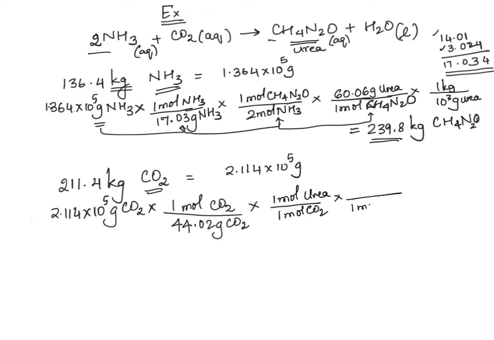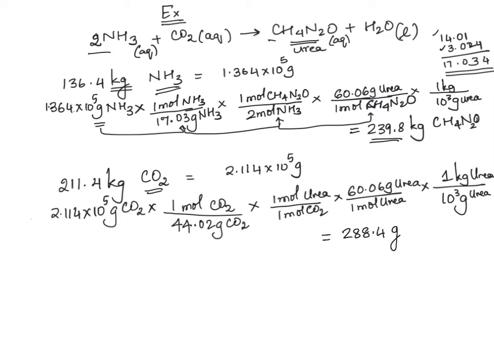Every 1 mole of urea, we've already seen, has a mass of 60.06 grams of urea. But we need the mass in kilograms, so 10 raised to 3 grams of urea has 1 kilogram of urea. So from this calculation, we're getting 288.4 kilograms of urea.